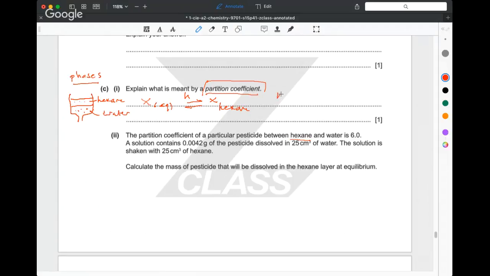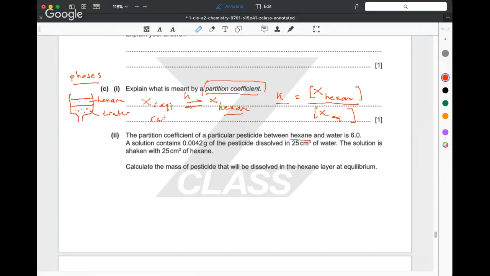So the partition coefficient is then the concentration in this phase over here, which is X in the hexane phase, over the concentration of X in the water phase. Okay? That's what the partition coefficient is. And so it's just the ratio of the concentration in one phase compared to the concentration in the other phase.